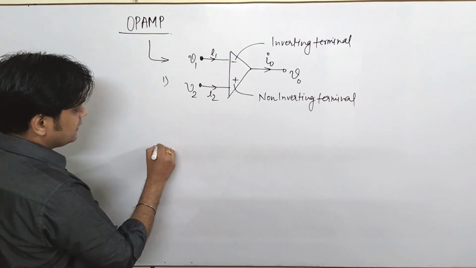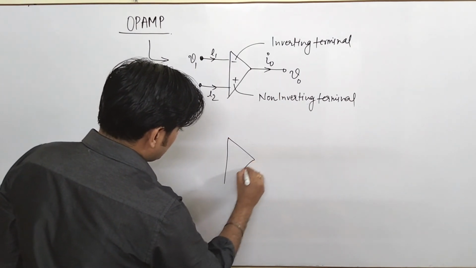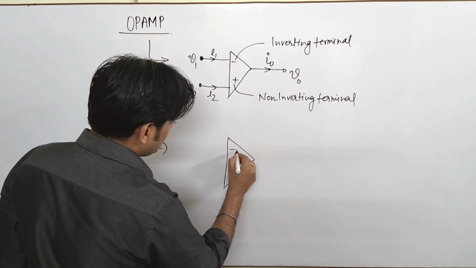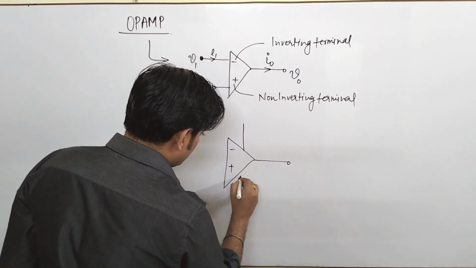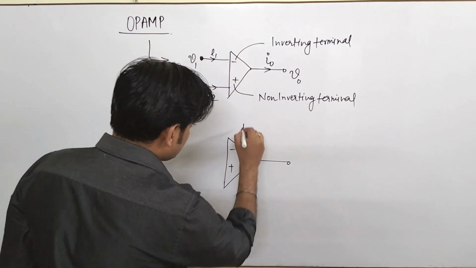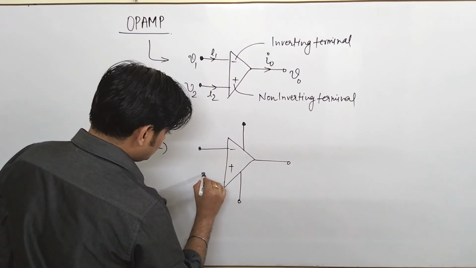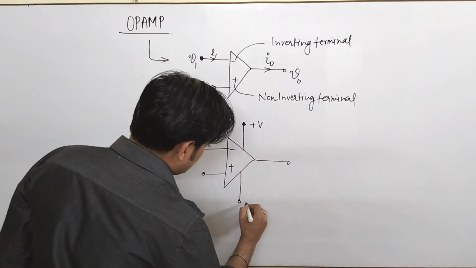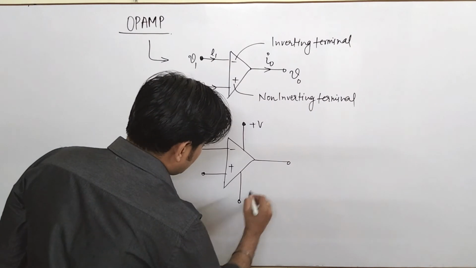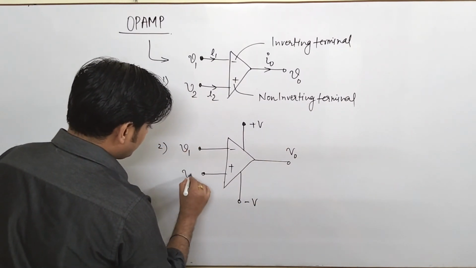Say this is first. If I draw the second diagram, few changes I am going to bring here. I am adding two power supplies here. Say this is plus V, say this is minus V, say this is V0 again.